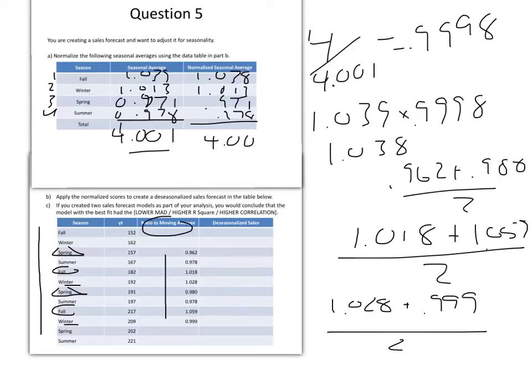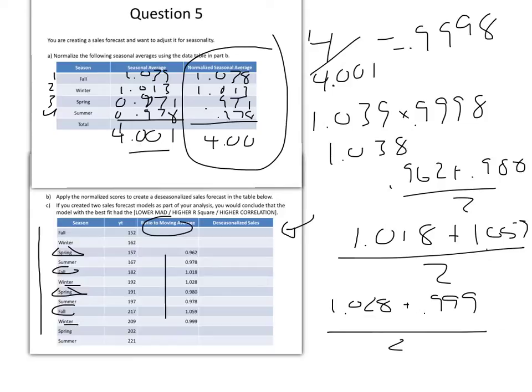Okay, so we've now completed part A, and now we will use our normalized seasonal averages, these values here in this column, and bring them down to apply to part B of the problem, which is this table here.